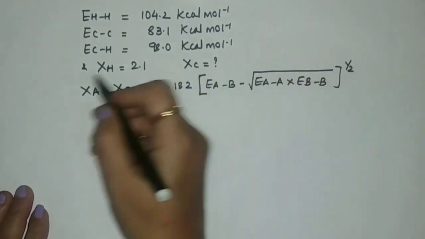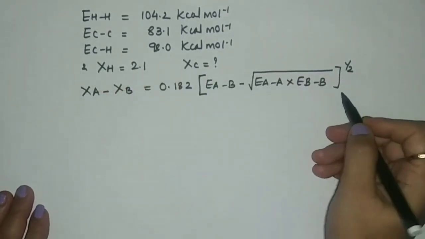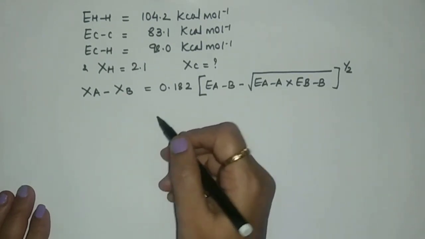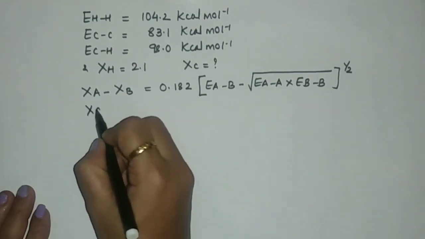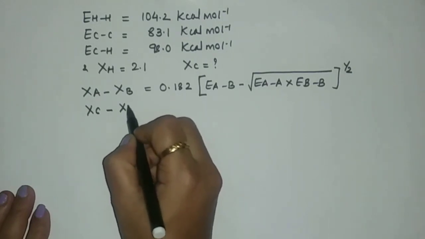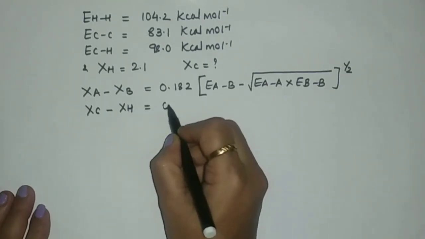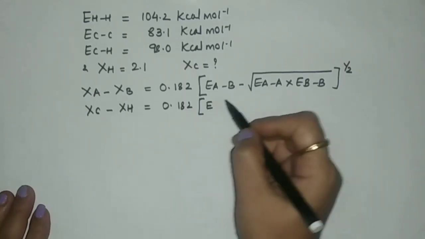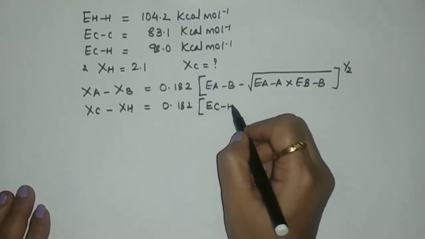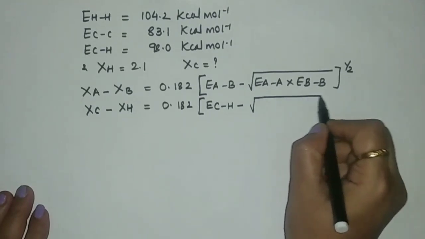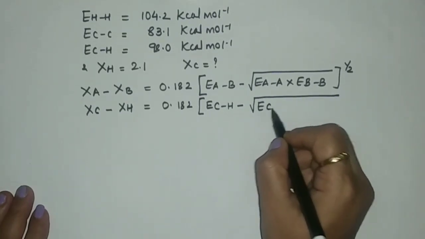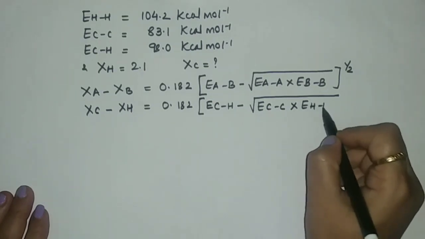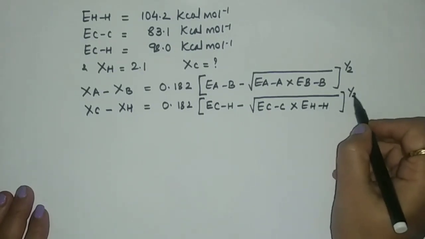So now we know the formula of the Pauling method. So let us substitute the values in the following equation. Electronegativity of carbon minus electronegativity of hydrogen is equal to 0.182 times, in brackets, dissociation energy of carbon-hydrogen minus the square root of dissociation energy of carbon multiplied by dissociation energy of hydrogen, raised to 1 by 2.